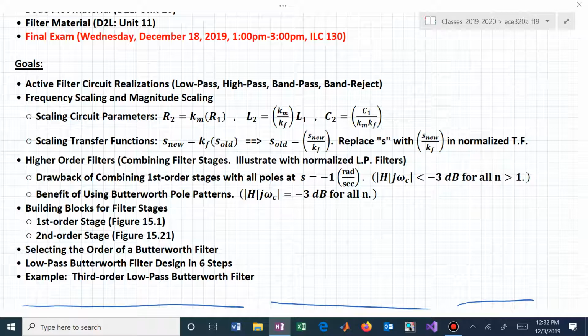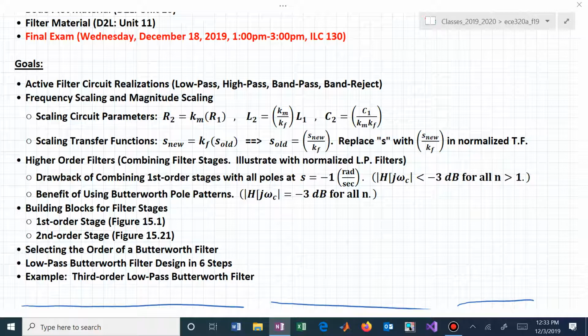And that's where the Butterworth pole pattern comes into play, and I'll try to give you a way to think about how these different numbers of poles distribute themselves on that unit circle. Why do they appear in the locations that they do? Obviously, if we have a first order filter, it's going to be at s equal -1.